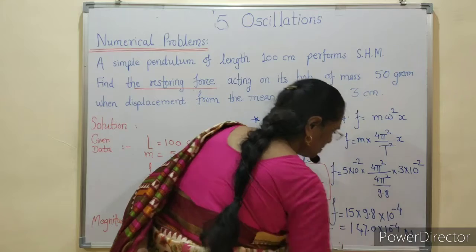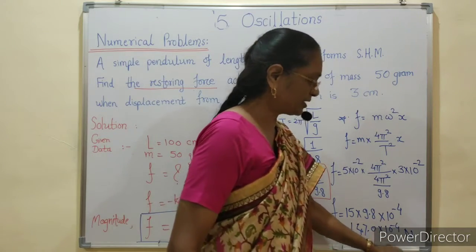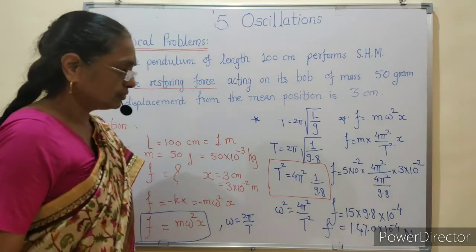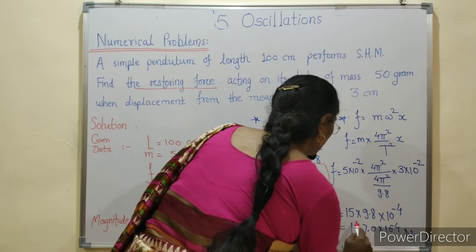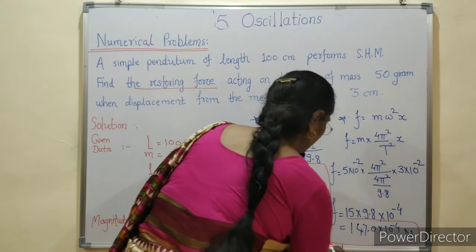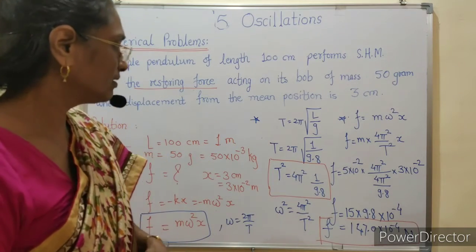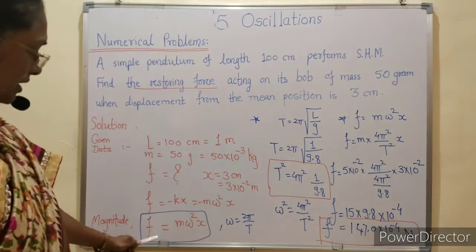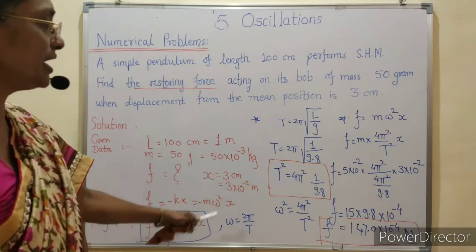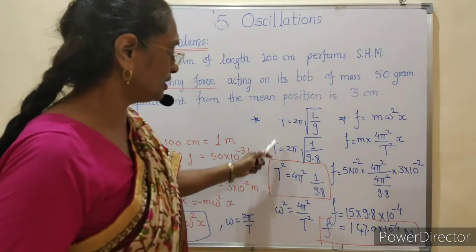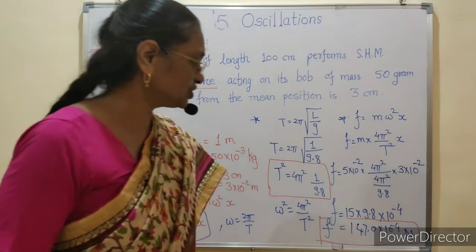It is expressed in Newton. So this is the answer. Restoring force we have to calculate in this way. So it is a simple problem. We have to write for F, but omega is indirectly given in terms of T, we can calculate it, and then substitution gives us the restoring force.